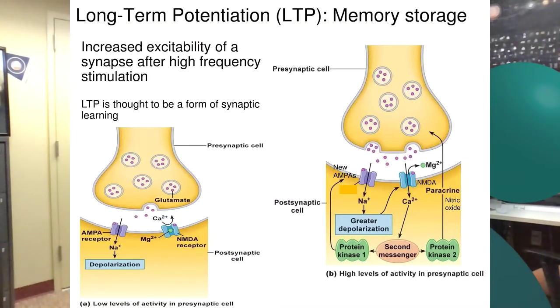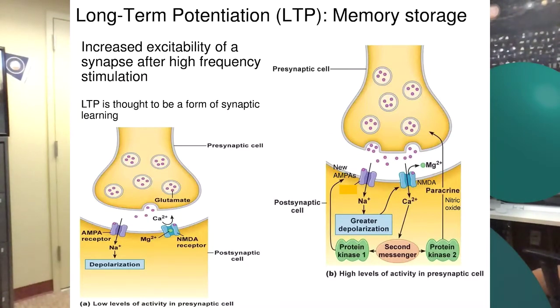So remember, a paracrine just stimulates the cell adjacent to it through the interstitial fluid. That's what nitric oxide is doing. It's not a neurotransmitter. The neurotransmitter is glutamate coming from the presynaptic cell to the postsynaptic cell. This is why I made you study all of that back in the previous unit. Almost everything you learned in the previous unit is coming into play in this pathway.